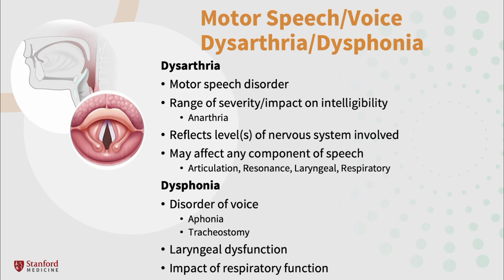Albeit with the right tracheostomy or the cuff deflated on a tracheostomy, you can utilize the upper airway. So those people might be able to phonate. And again, dysphonia comes down to laryngeal dysfunction, and then that element of our respiratory support for our voice. And again, that's where we see impairment with many of our patients.